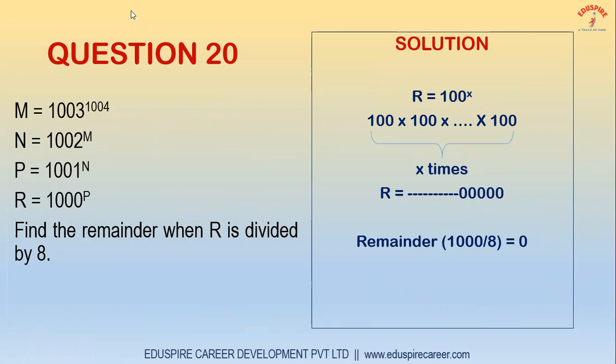So we can definitely say that the remainder will be 0 if I divide 1000 by 8. So in that case, if I divide r by 8, since r has so many zeros at the end, the remainder will be 0 because it will be perfectly divisible by 8. Alright, so our answer will be 0.